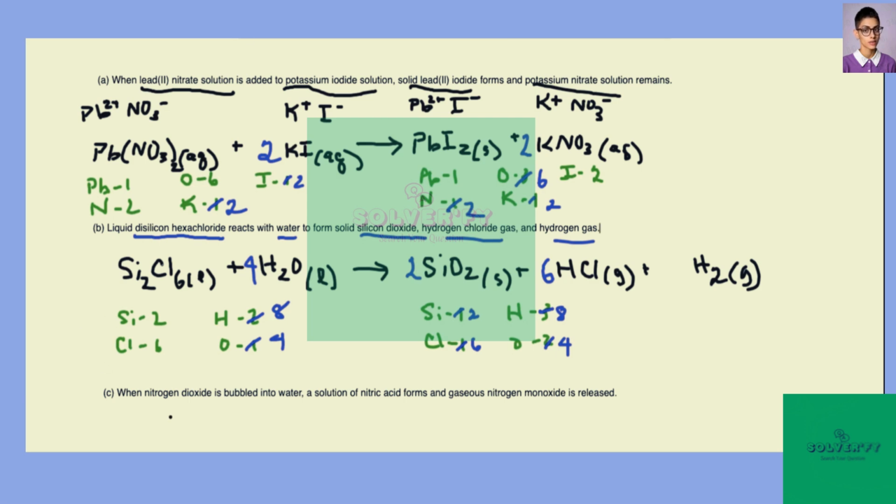And finally, a last example. When nitrogen dioxide is bubbled into water, a solution of nitric acid forms and gaseous nitrogen monoxide is released.